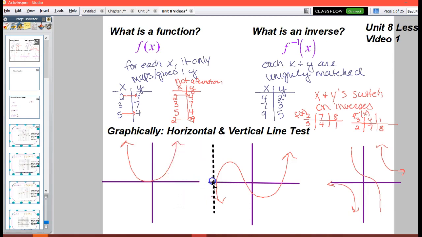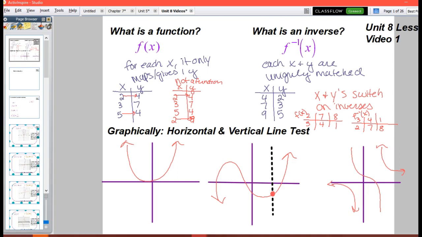This one too. As you go through, it's only hitting that line one point at a time. Also over here. Now, I kind of thought there should be an asymptote here, but this one technically should be a function as long as there's asymptotes right there. If you only hit the graph one time with a vertical line test, we say it's a function.